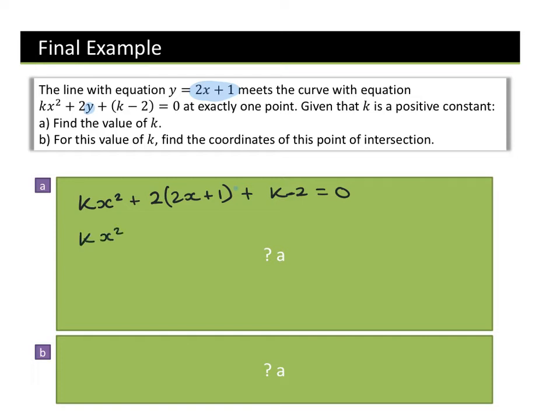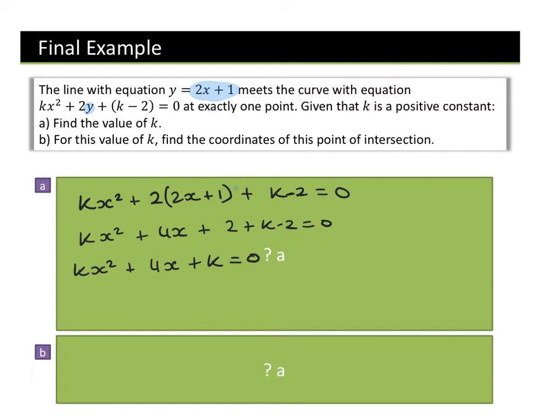So kx squared plus 4x plus 2 plus k minus 2 equals 0. So kx squared plus 4x plus k equals 0.